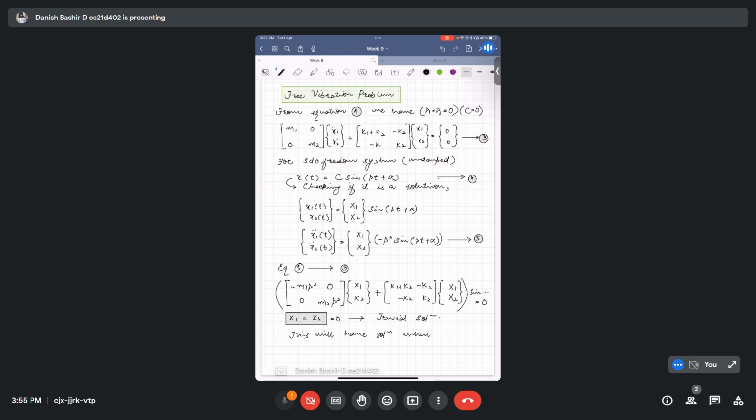The determinant of the matrix on the right hand side, we have the matrix like this. I forgot to write it.